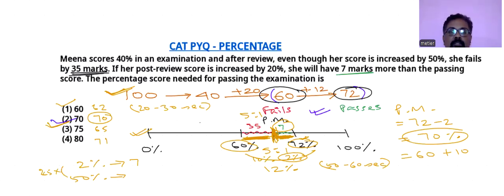So here also you can go with 25 times, and this value will come to 175. If we want to calculate the full marks of the exam, again the same thing. 2% is 7, 100% will be 350. In this way, this number line technique will help you calculate the percentage, pass mark percentage, pass marks, as well as total marks of the exam.